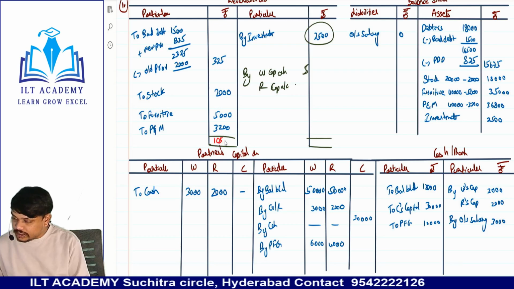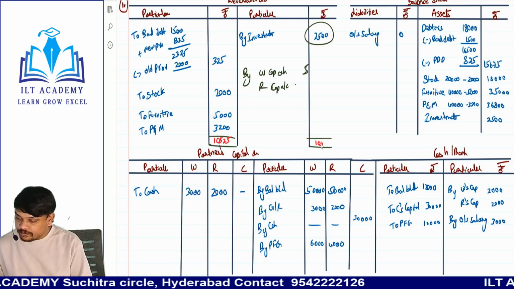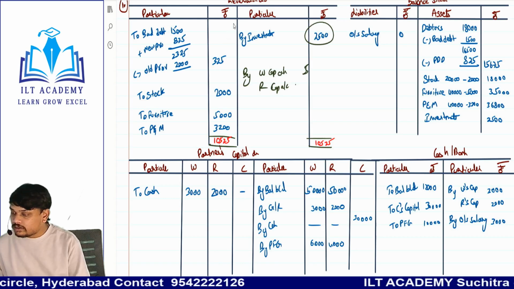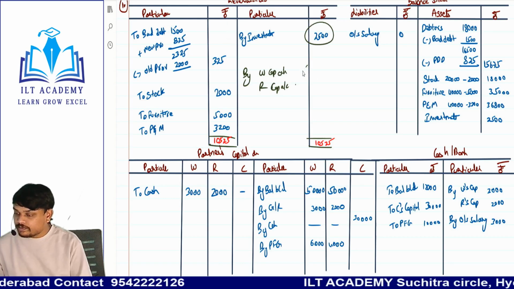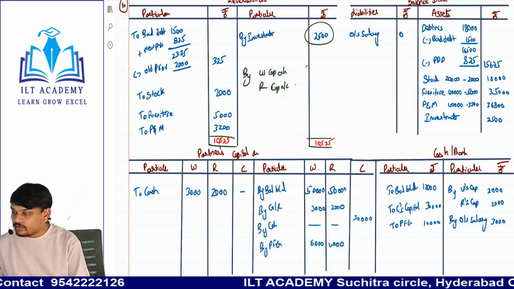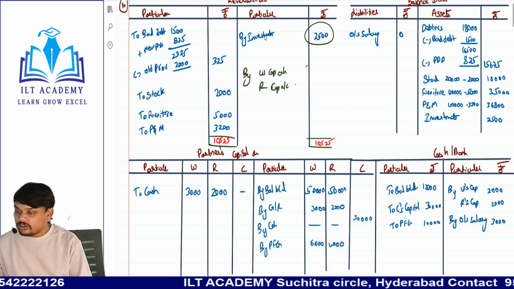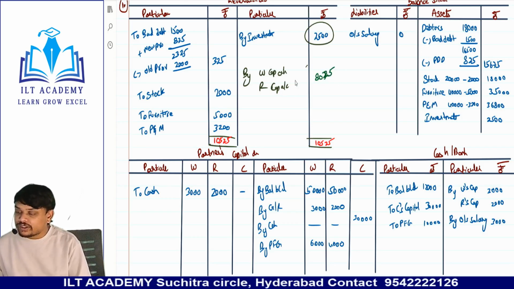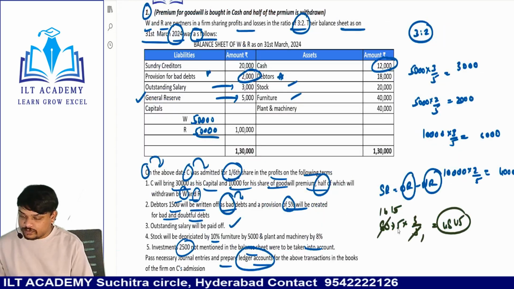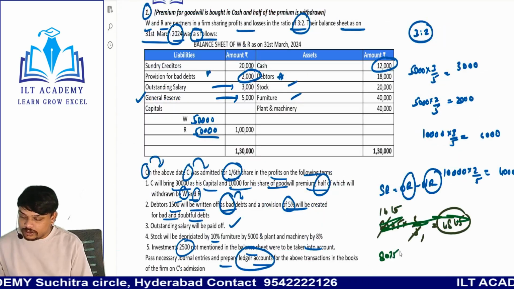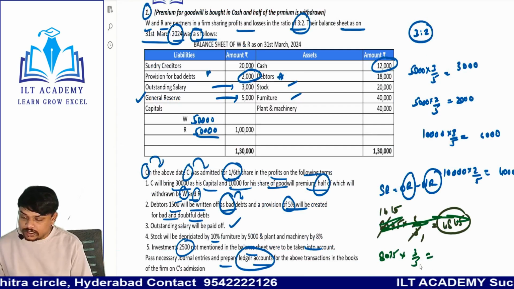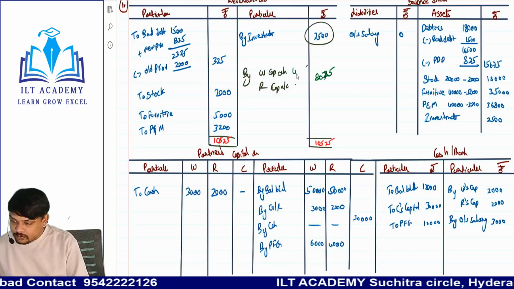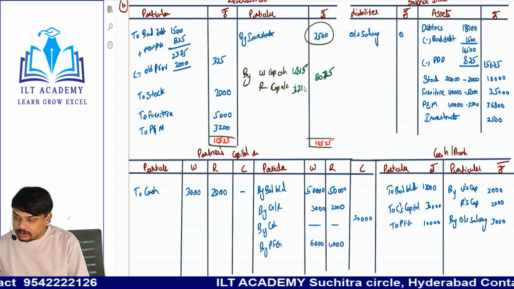This is 10,525. 1,525. It is 8,025. 8,025 if you share, 8,025 into 3 by 5 is 4815, and this is 3210.